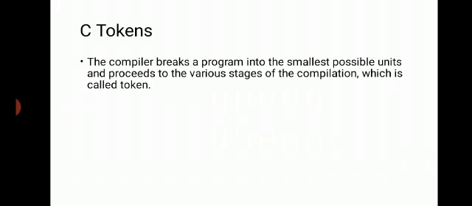If you remember, in order to write any sentence we must know the ABC of that particular language. Likewise, in order to write a program we must have a clear understanding of identifiers, keywords, constants, strings, and all those operators. Okay, guys.